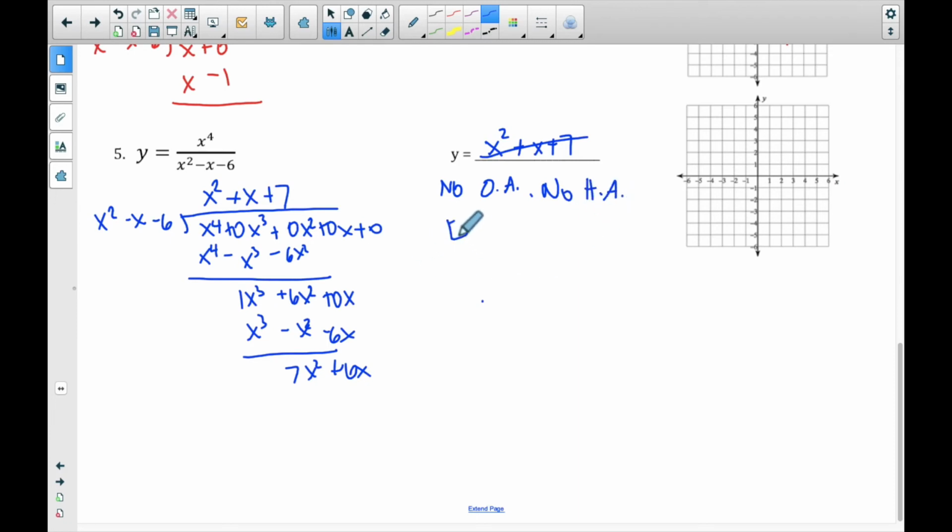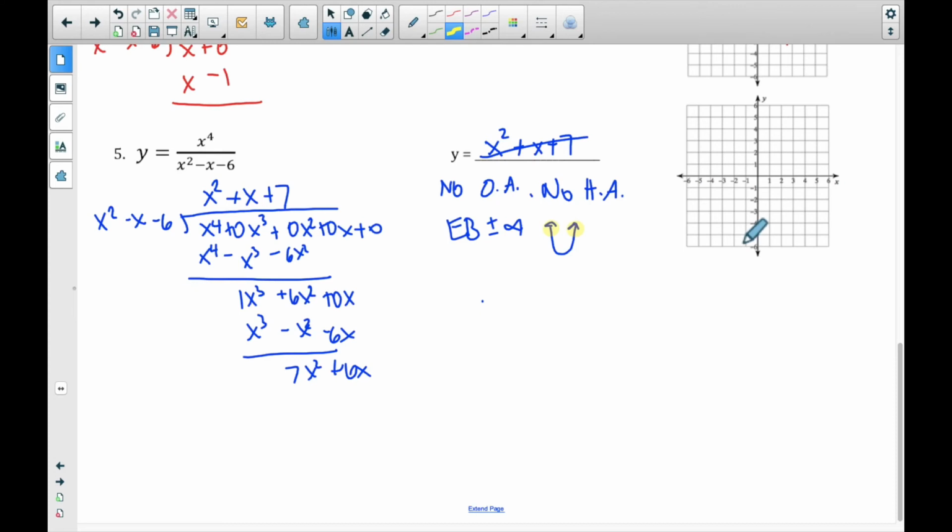Instead, I have end behavior going to positive and negative infinity. So it's like the old-fashioned kind where it's just going to go straight up, straight down, whatever. In this case, both sides are going to go up. Again, my vertical asymptotes are going to be at -2 and +3, and I don't have a horizontal or an oblique asymptote, which is fine.